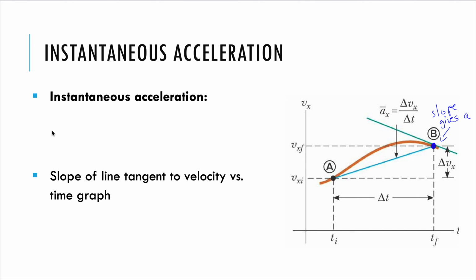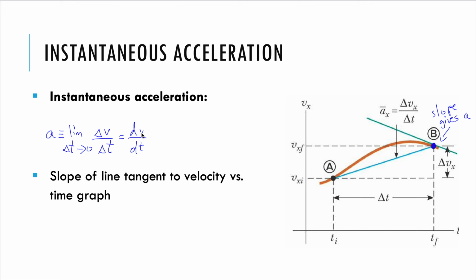So we can define instantaneous acceleration very similarly to instantaneous velocity. It's going to be defined as the limit as the time interval approaches 0 of delta v over delta t, which means dv over dt.